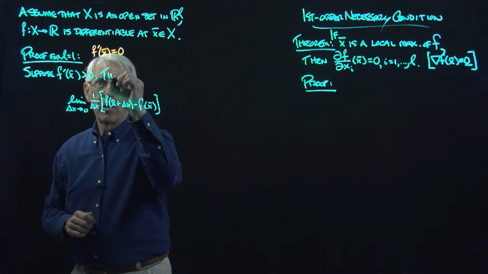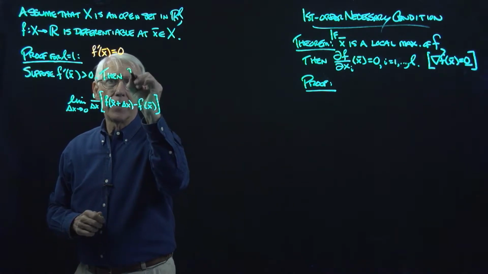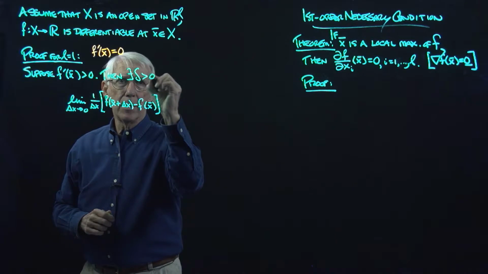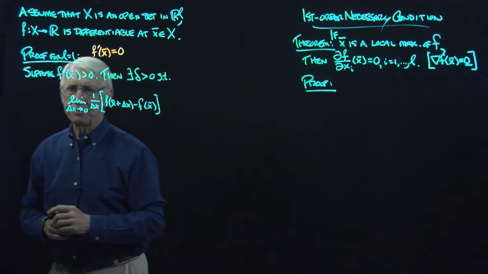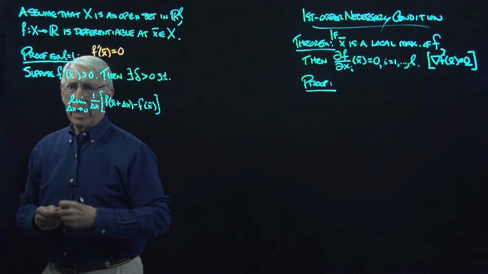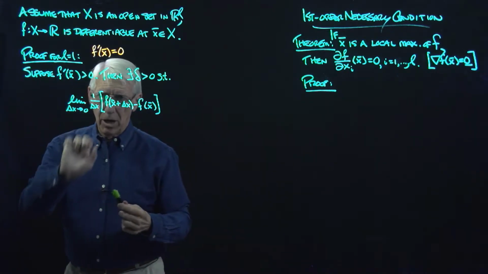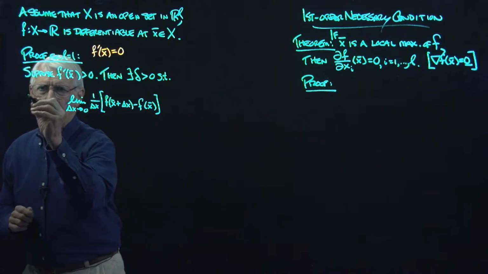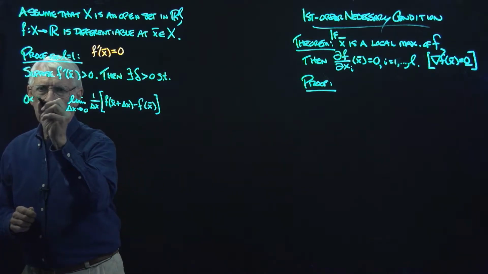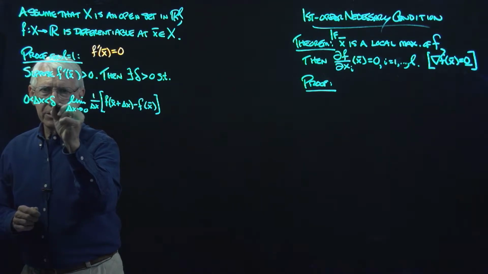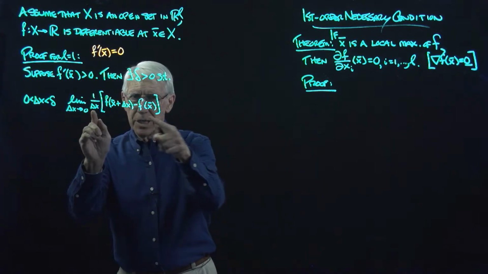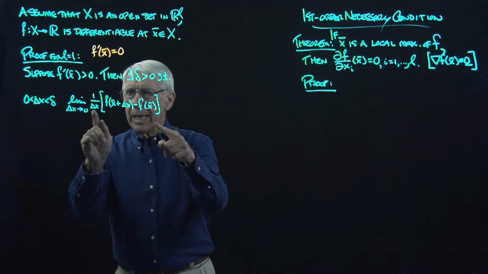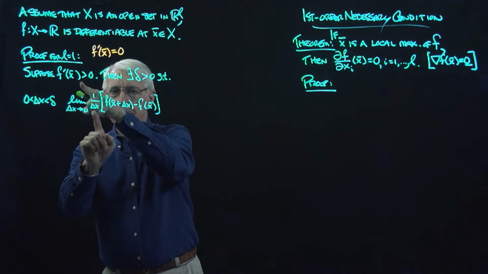So then it has to be the case that there exists some positive delta for which, and let me take the limit off, well, I'll leave that on for just a moment. So 0 less than delta x less than delta implies that this expression is positive.